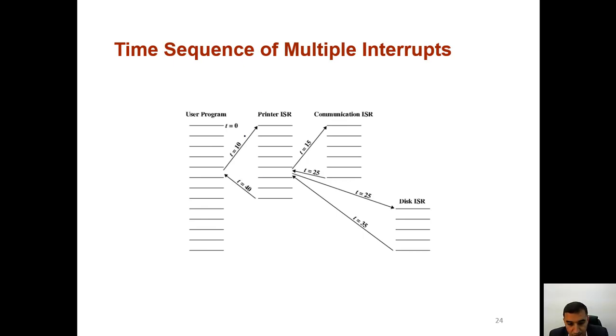So you can see here we have our user program. At t equal to 10, a printer ISR is requested. At the same time, inside the printer, a communication is happening, then a disk is happening. Remember, the disk and communication have higher priority compared to the printer, so they can interrupt the printer program, which is interrupting the user program.